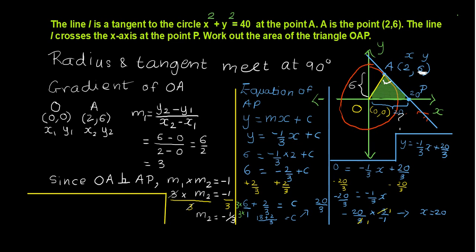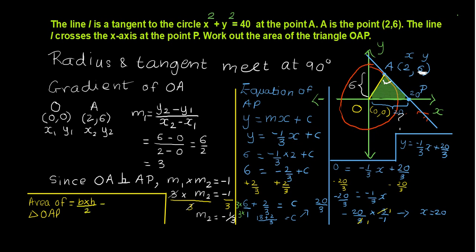And we'll do this in yellow. Okay, so area of triangle OAP is base times height divided by 2.